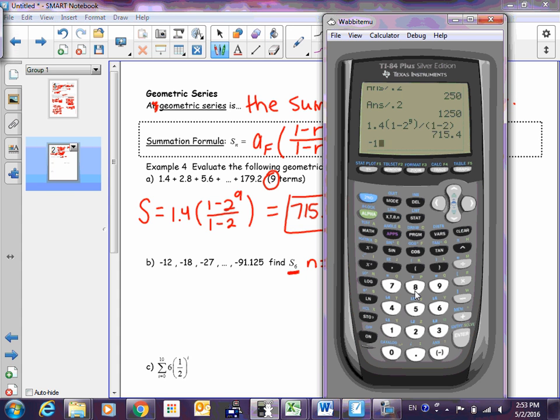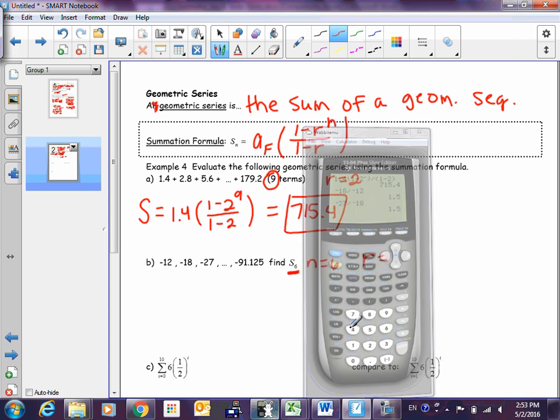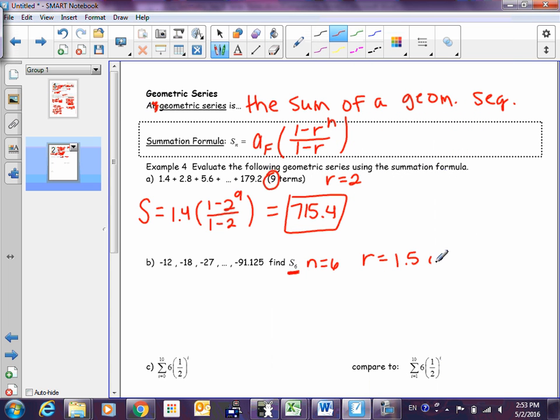You need to do negative 18 divided by negative 12. And then you need to check it again: negative 27 divided by negative 18. It should be the same number, 1.5. So your r here is 1.5, or you could use the fraction 3/2.